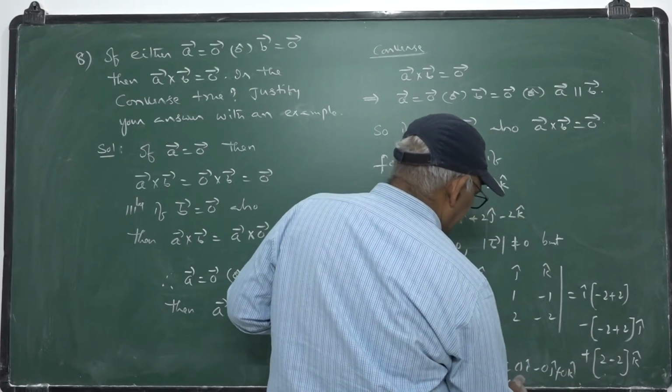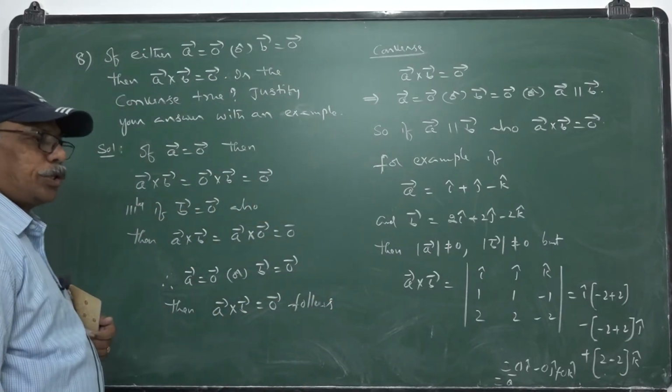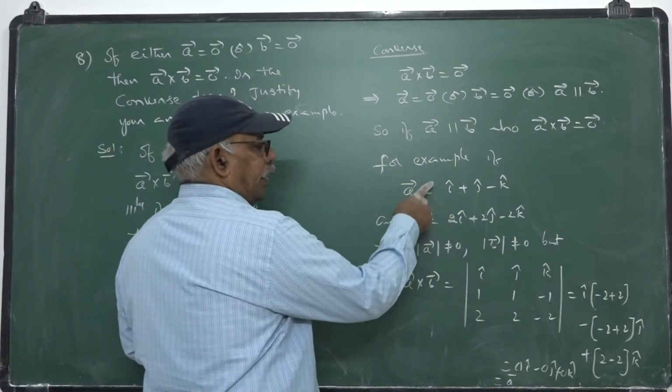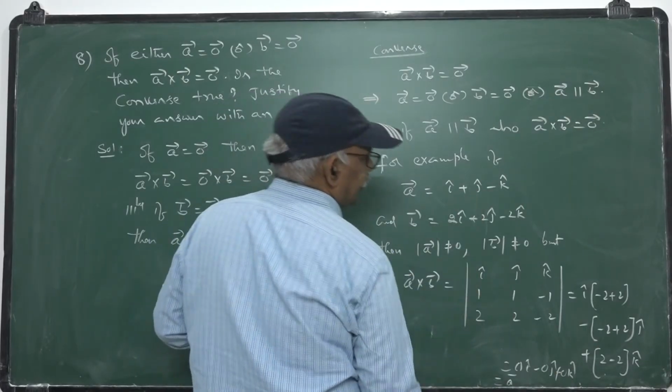That is 0 bar. Even though A bar and B bar are non-zero, their cross product may be 0 bar. That follows.